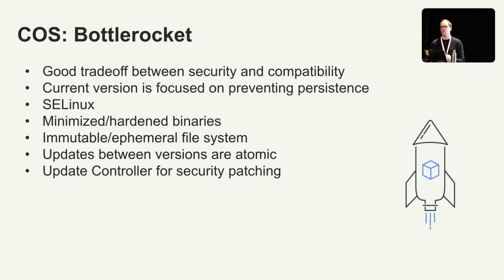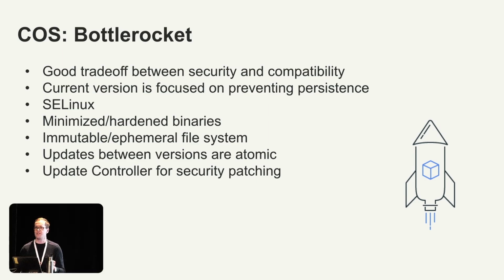It's an open source Linux-based operating system from AWS, focused on avoiding persistence rather than isolating different pods from each other, but it also helps in that regard, using custom SELinux tools.